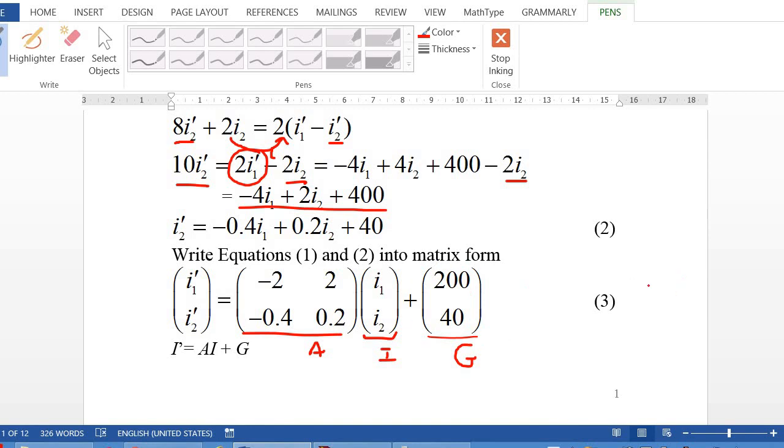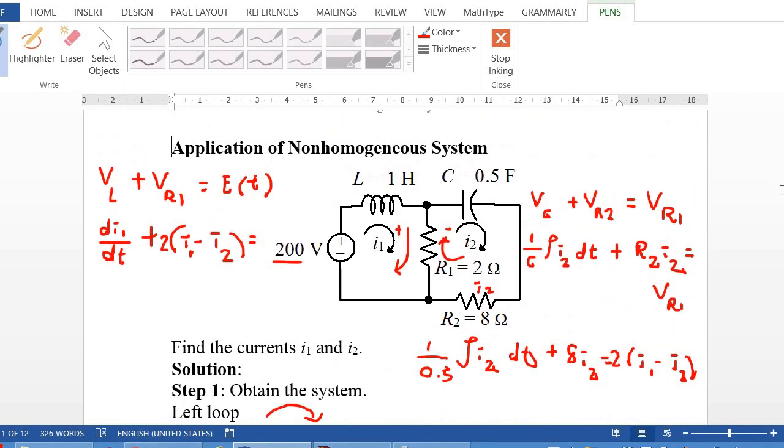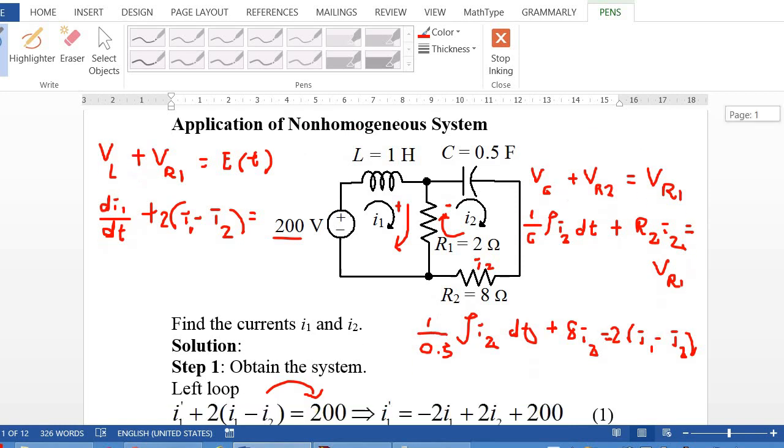If your voltage is given, let's say, in terms of an exponential, then your vector g will be an exponential term. If the e(t) given is a trigonometric term, then you obtain a trigonometric term for your vector g, because the vector g actually comes from the voltage term. Without the voltage, we will get a homogeneous system.